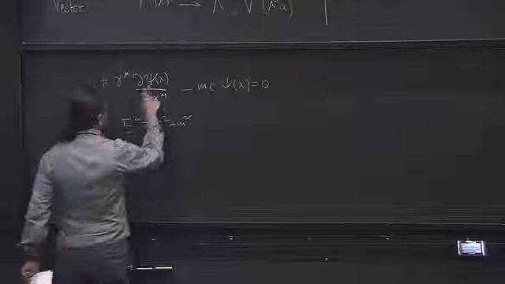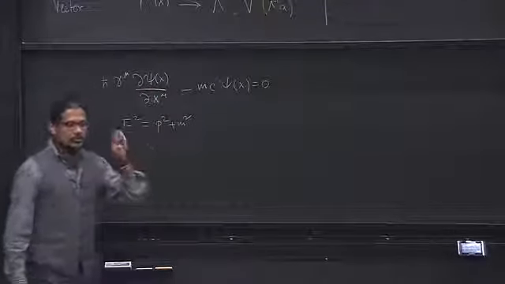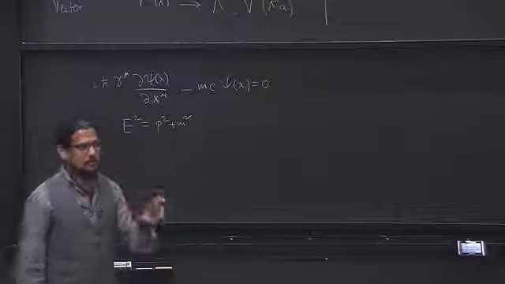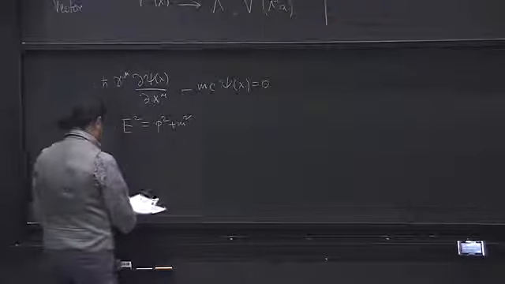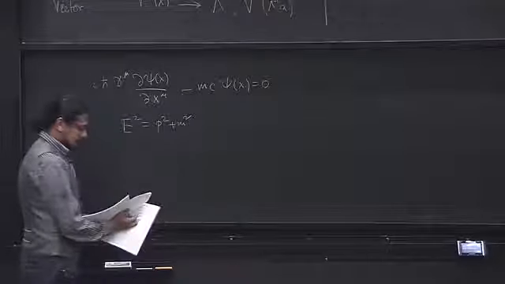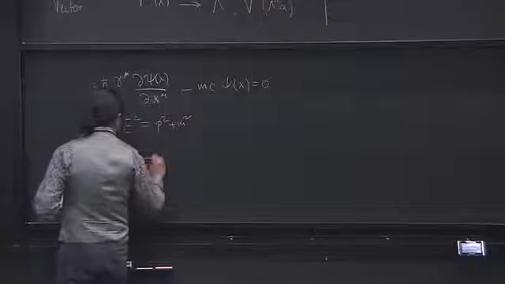And the way he did that is that he imposed that psi of x also be a solution to the Klein-Gordon equation. So he said that there should also be a solution to the Klein-Gordon equation.